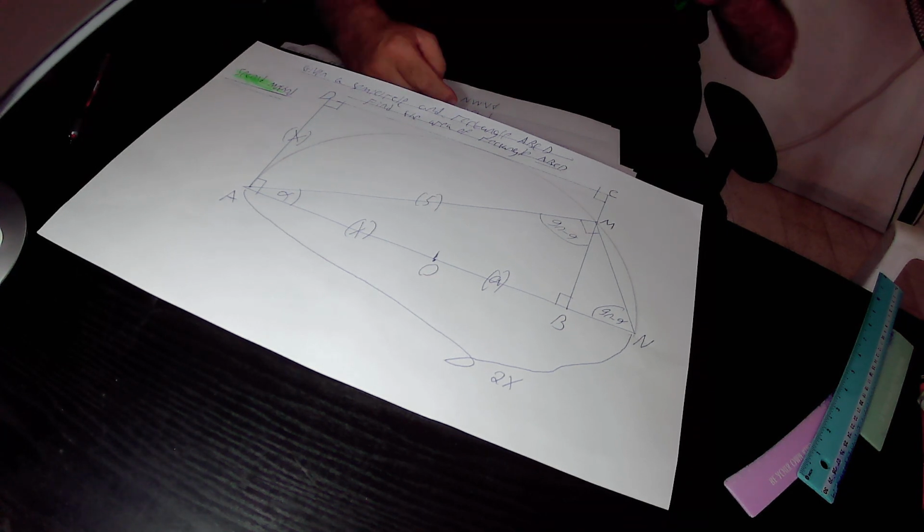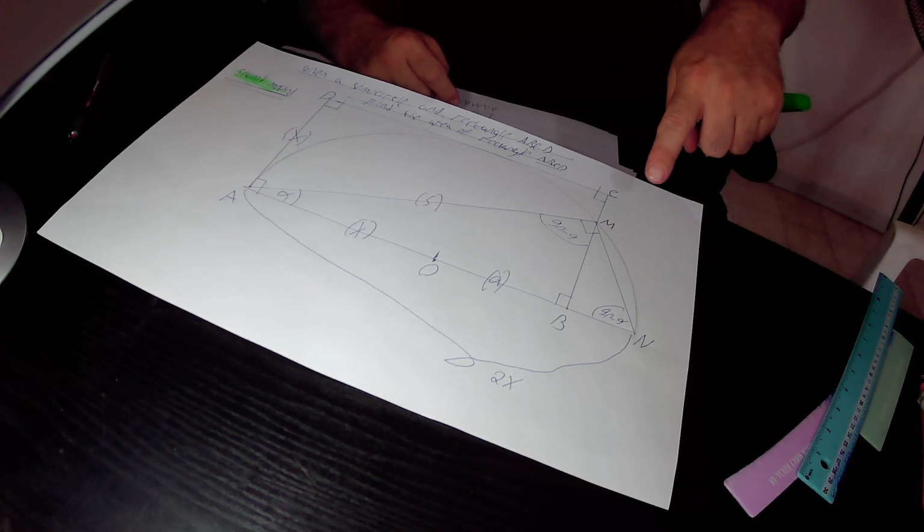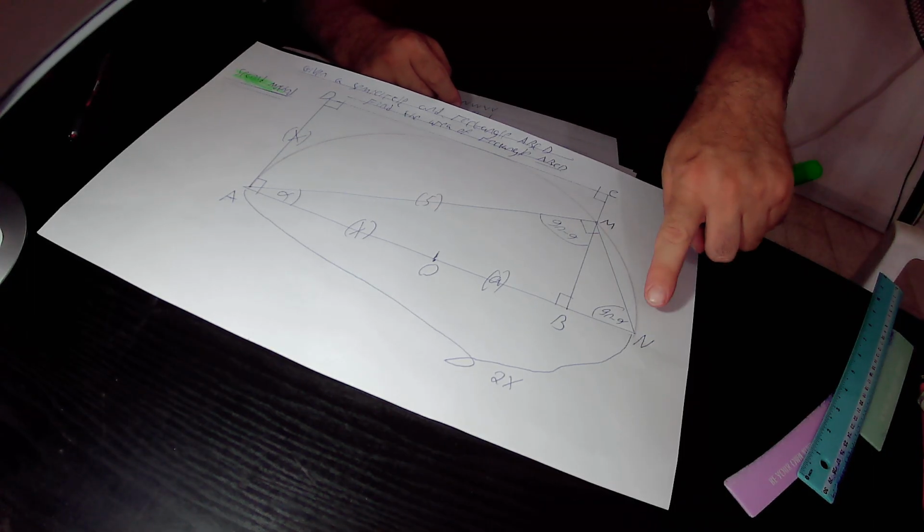In the next step, we join points M and N together by a straight line. By joining points M and N, we get the peripheral angle NMA.